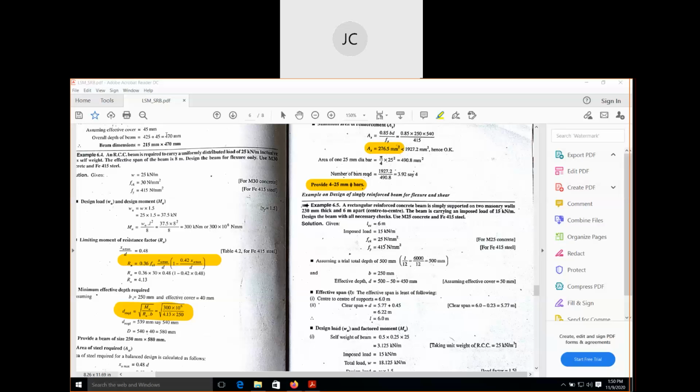Sujata, do you have any doubt in this problem? Okay. Then Ishal, do you understand this problem? 6.4.